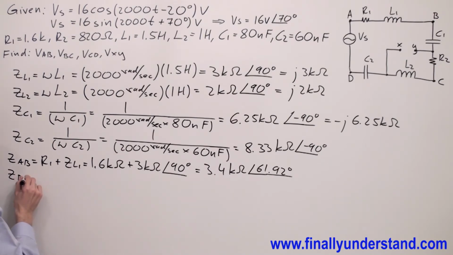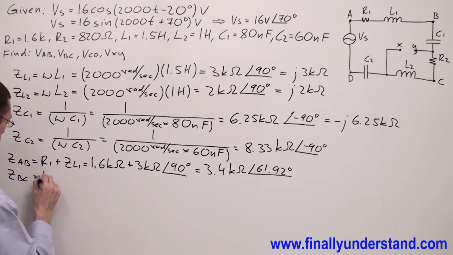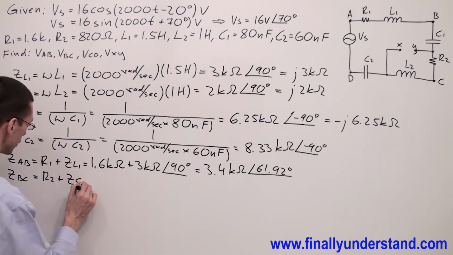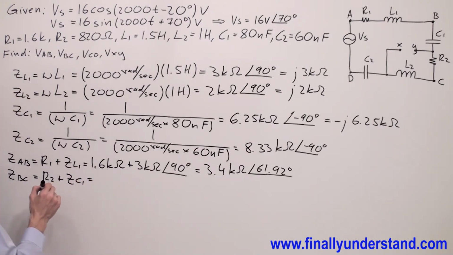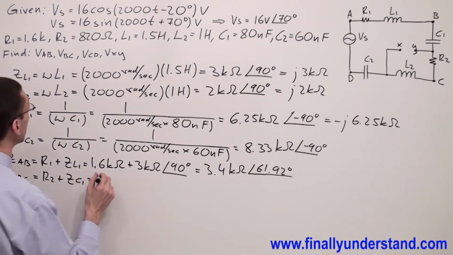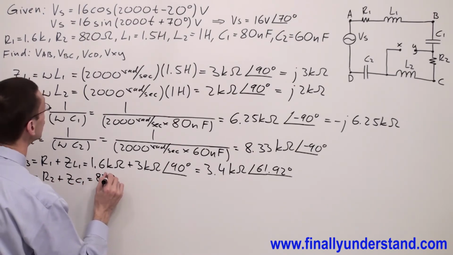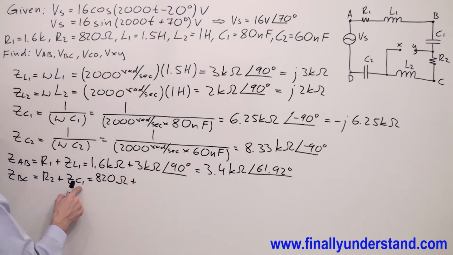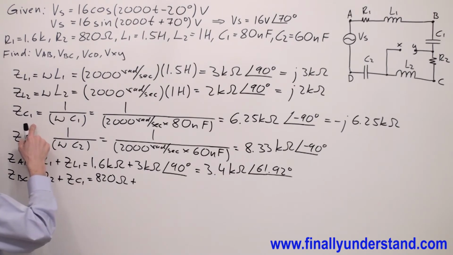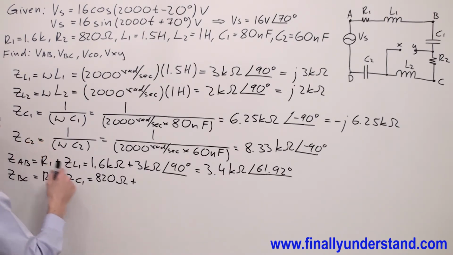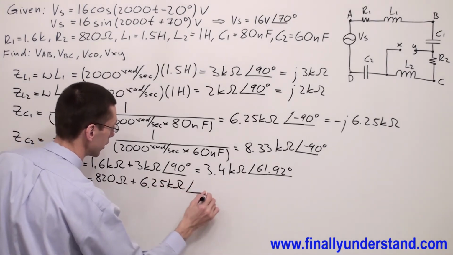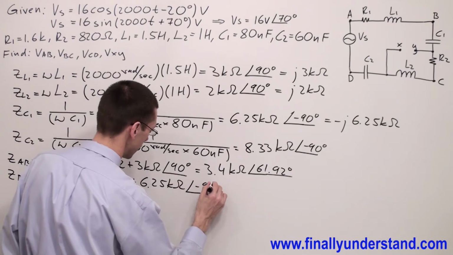Okay. Next, we're supposed to find Z BC. Okay. So we have resistance R2 plus impedance of capacitor C1, which is equal, R2 is 820 ohms plus ZC1, okay, so this is the impedance of my capacitor C1, 6.25 kilo ohms and angle of negative 90 degrees.